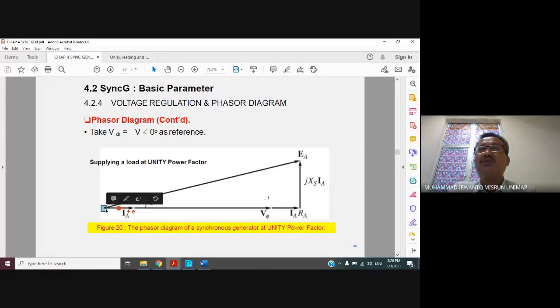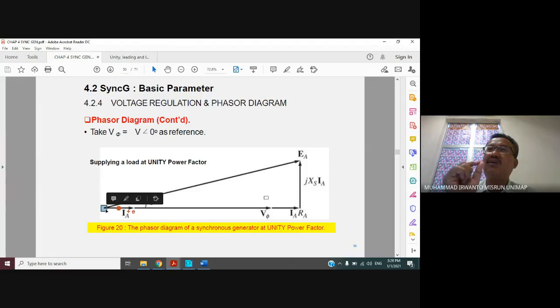Remember, when we want to draw the phasor diagram, we work in phasor form. Remember when we discuss complex numbers, a complex number consists of a real and an imaginary part.